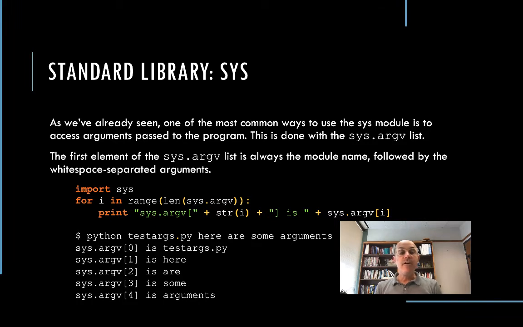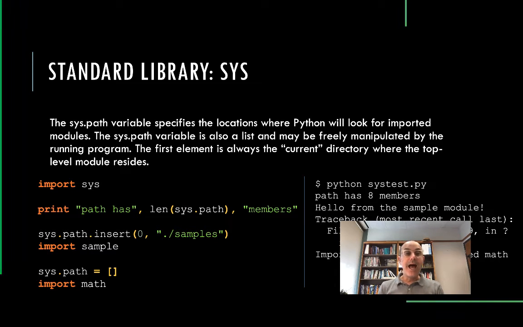Import sys, for i in range, and I will give some dimension to it, and I will ask the Python interpreter to print sys.argv in that sense. So it will give me 0, 1, 2, 3, and 4, because that's how I lay it out, in order to give me some arguments that I can use. I can import sys, I can print the path, and I can apply what it is.